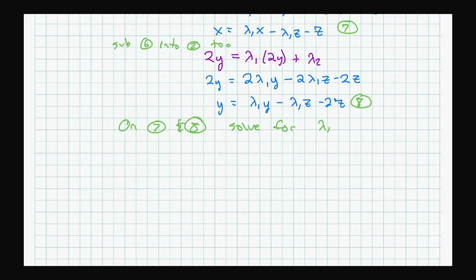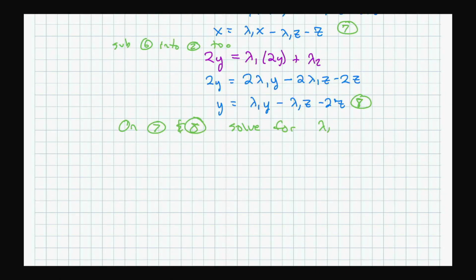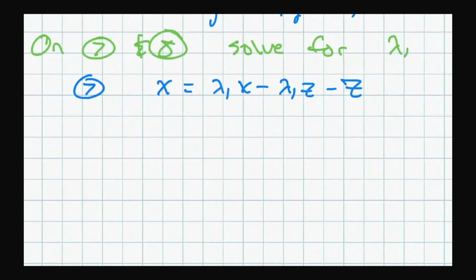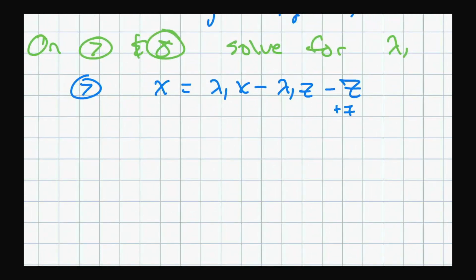Because they both have a lambda 1. So let's start with the 7. Equation 7 is x equals lambda 1 x minus lambda 1 z minus z. If you're trying to solve this for lambda 1, you would move the z over to the left. So you'd have x plus z equals lambda 1 x minus lambda 1 z.